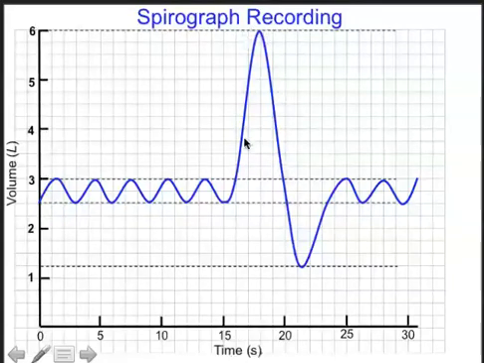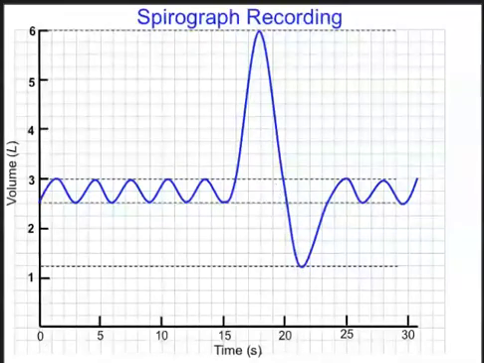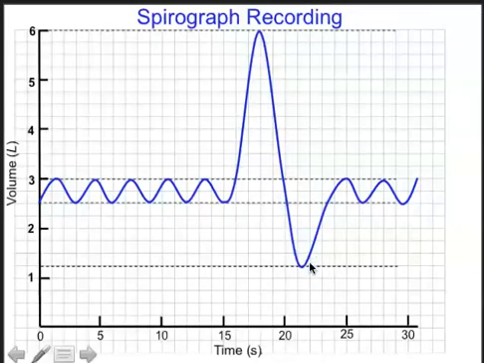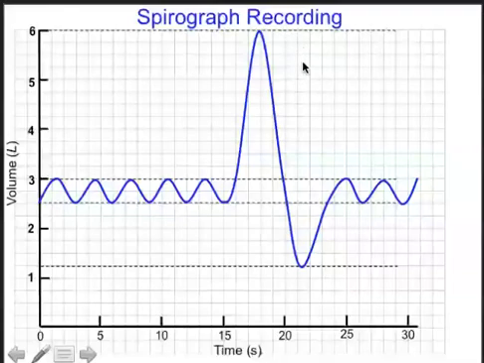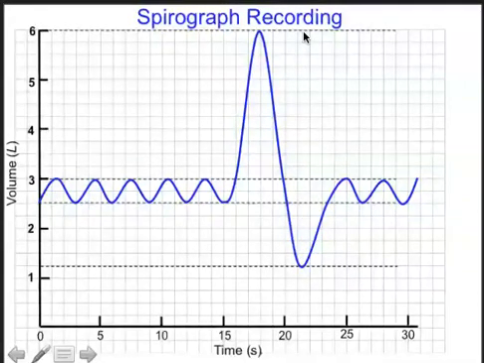3 liters. The vital capacity is going to equal the tidal volume plus the inspiratory reserve plus the expiratory reserve. So if you add those 3 volumes together, or if you want to count the number of squares, what you'd come up with is 4 3/4 liters. And you can count the squares and verify that that's correct. So it goes from here all the way to there. The residual volume is going to be the amount below this lower valley.